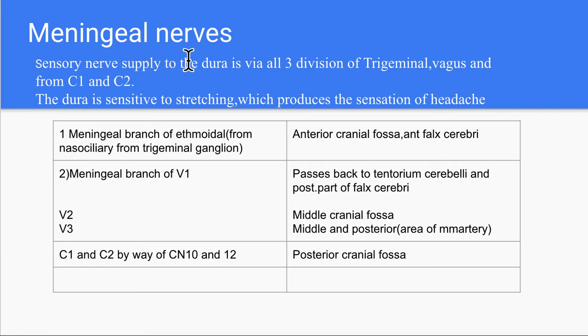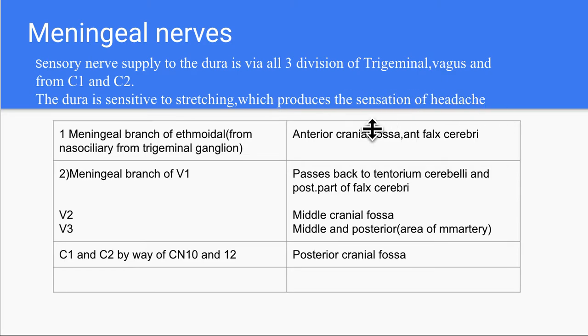Coming to the nerve supply. Now the sensory nerve supply to the dura is via all the three divisions of the trigeminal, the vagus nerve and the cervical nerves C1 and C2. So cranial nerve number 10, 5 and C1 and C2. And the dura is sensitive to stretching, which produces the sensation of headache.